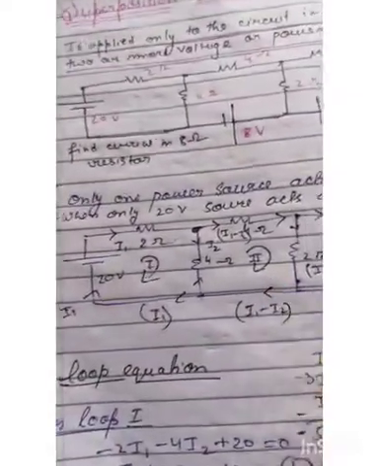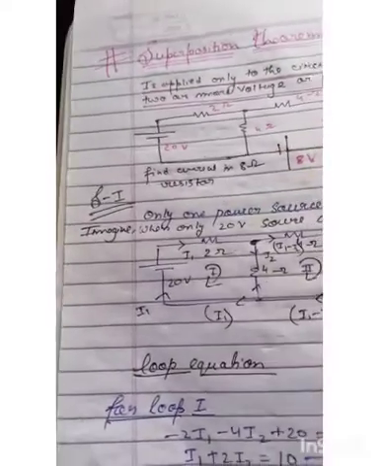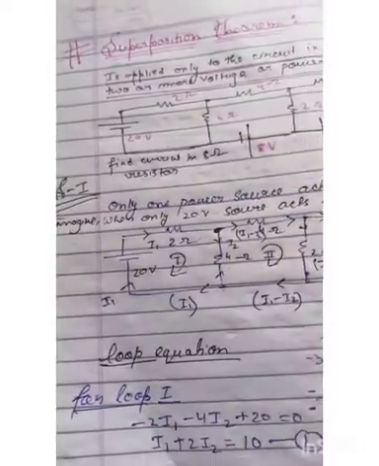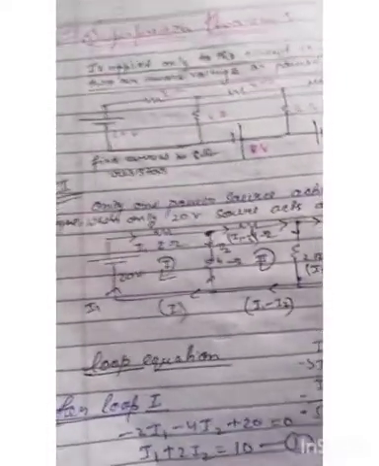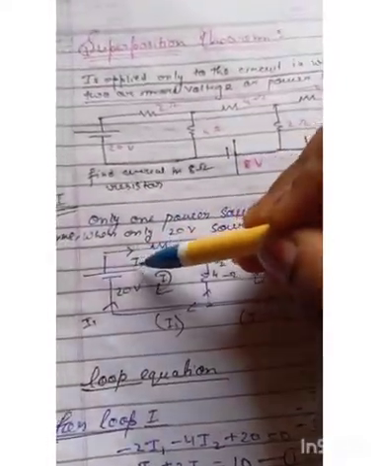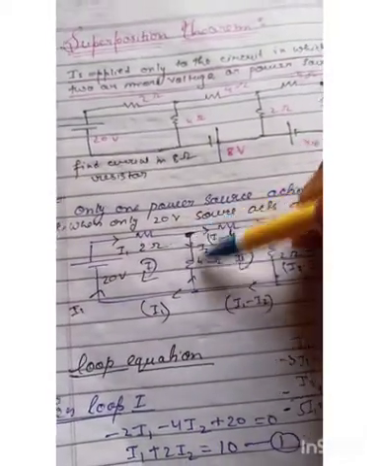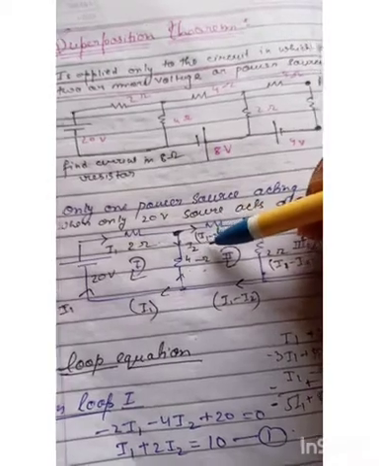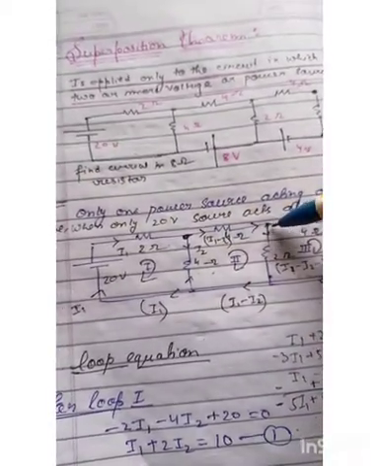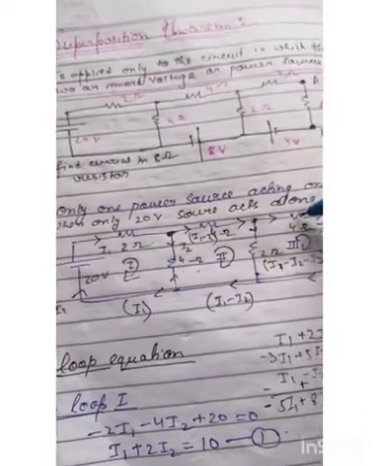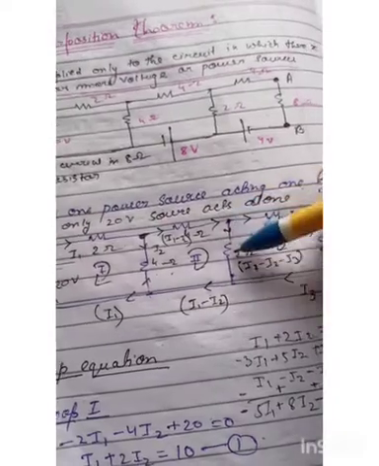Now the second step is we should distribute the current and find the loop equation. Now we will distribute the current. We take current I1 flowing here. There are two ways. I2 is going down and I1 minus I2 is going here. Now there I1 minus I2, and I3 is going here and I1 minus I2 minus I3 is going down.